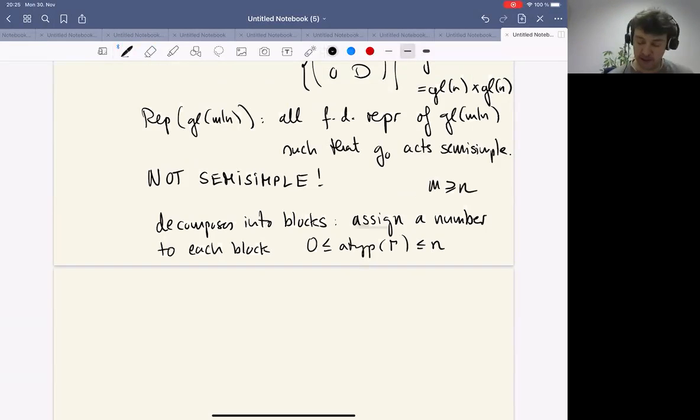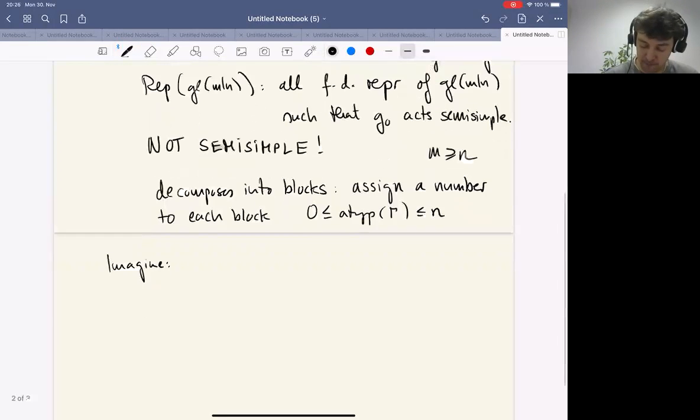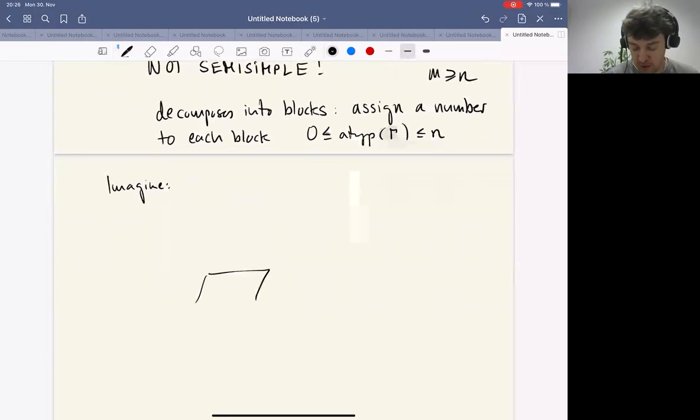So one way to think about this category rep GLMN is the following. Below, you have your atypicality 0 blocks. In fact, for atypicality 0, they're all semi-simple. This is the semi-simple part of your category.